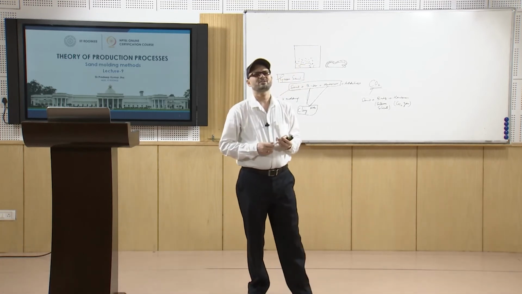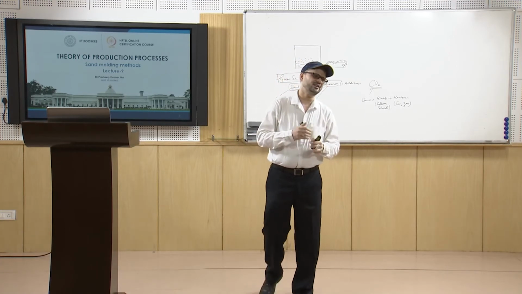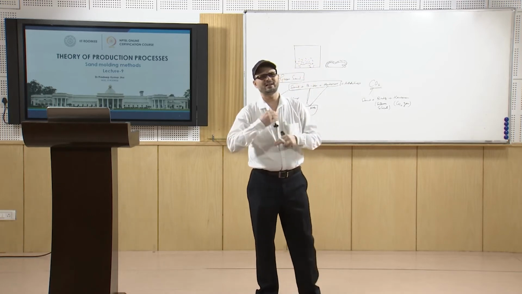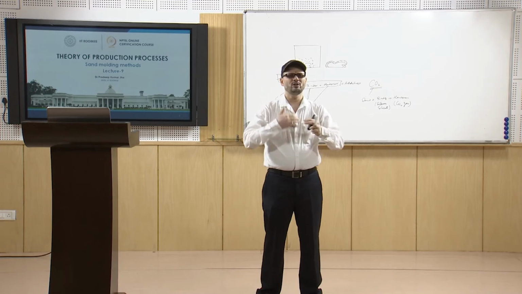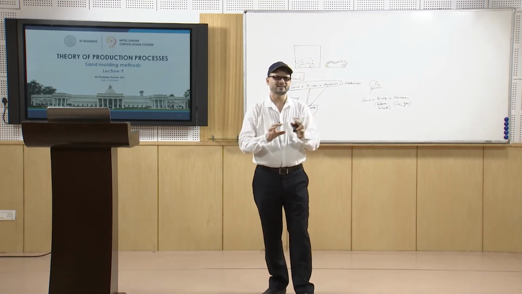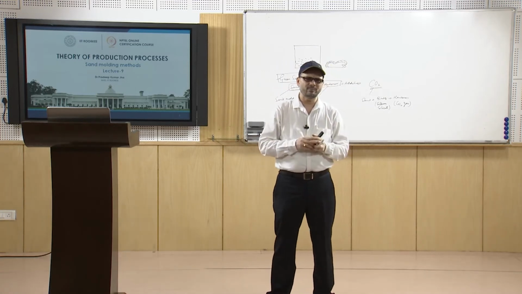Next is investment molding or investment casting. In this case, you have the pattern which is made of wax, then you apply the ceramic coating, and then slowly, with stuccoing of the refractory particles, you get a shell thickness of a certain dimension.